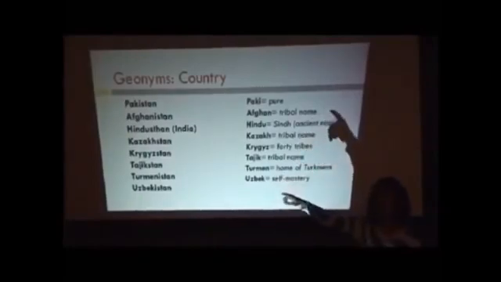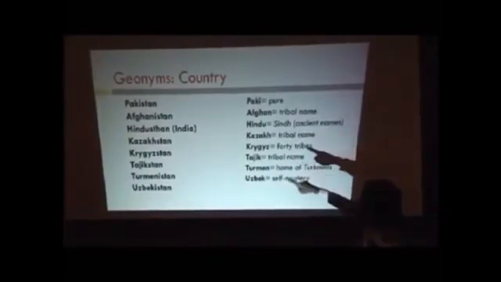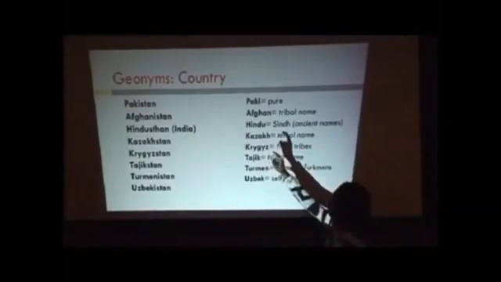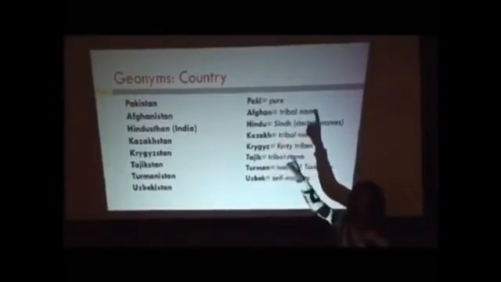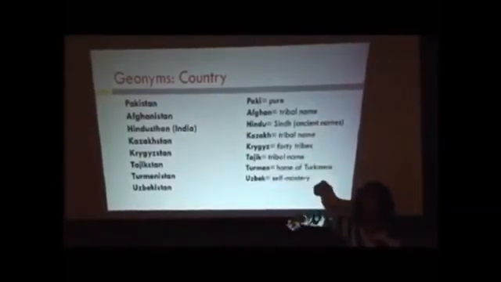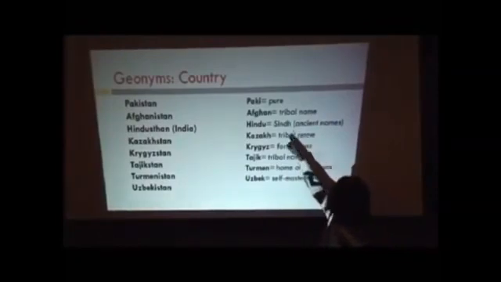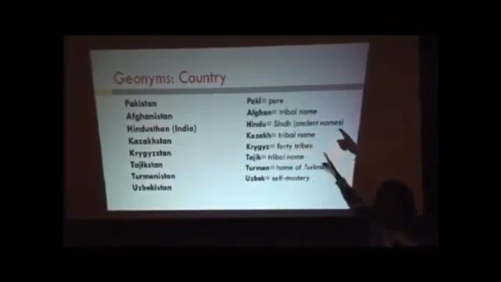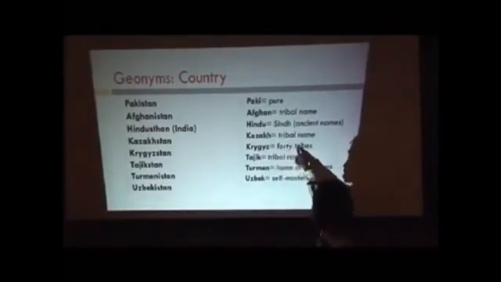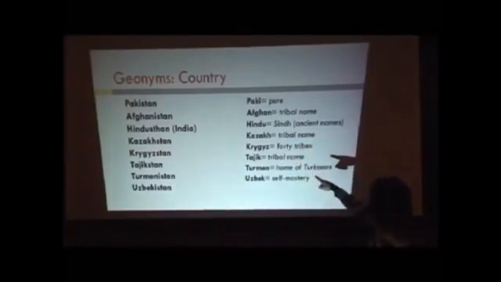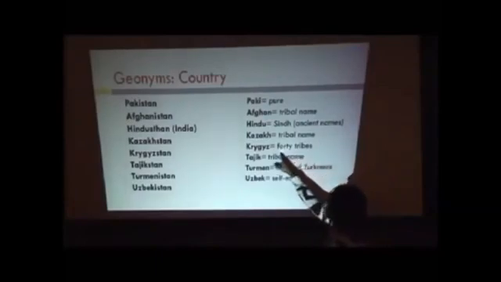Hindustan, which is India today, transliterates from Indus, which is Latin, to Hindu, which is Persian, to Sind, which is the ancient name. Kazakhstan, Kazakh is a tribe. Tajik is a tribe. Here, I thought this was interesting.